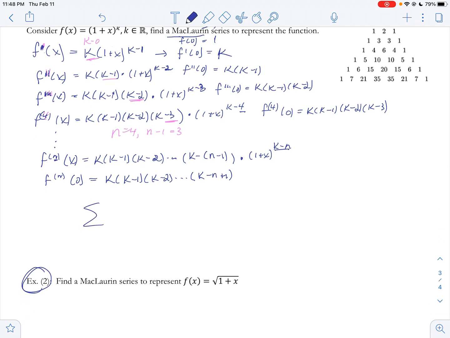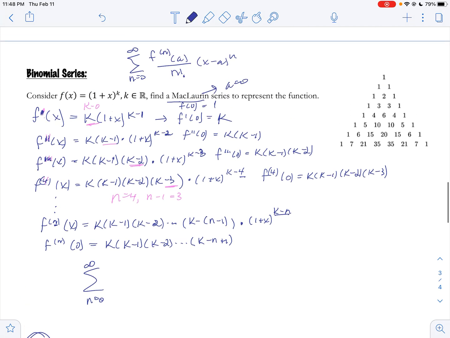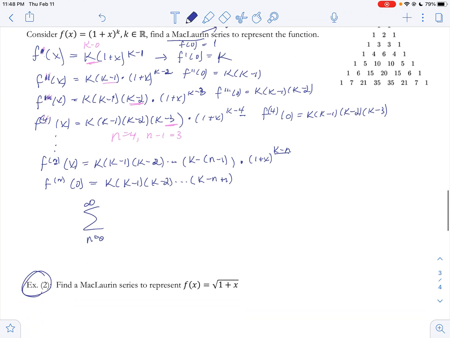So we get the sum from 0 to infinity. We want the nth derivative, so that's all of this stuff: k times k minus 1 times k minus 2 all the way down to k minus n plus 1.